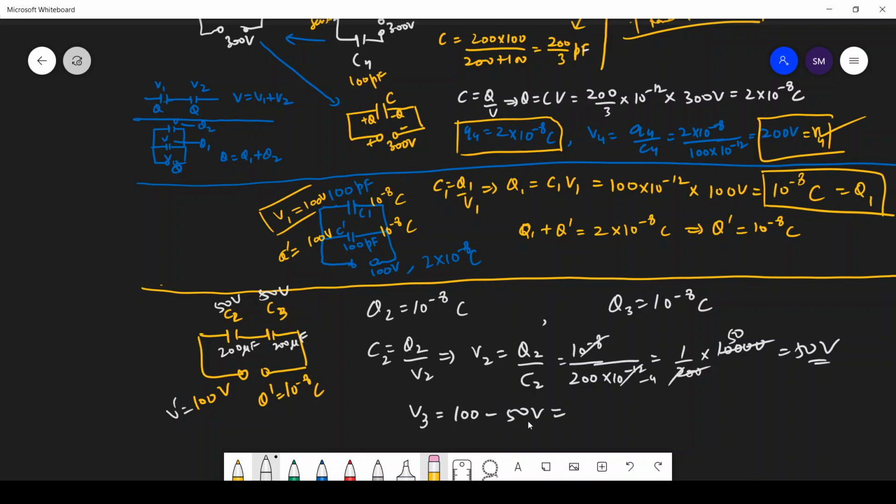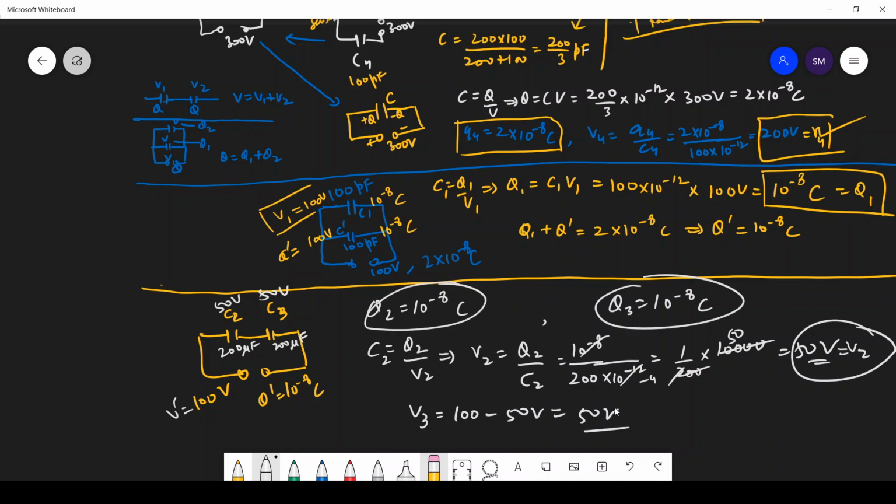So V dash minus V2, and this comes out to be 50 volt. So Q2 this, V2 this, Q3 this, and V3 this.